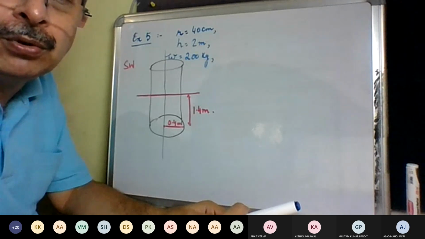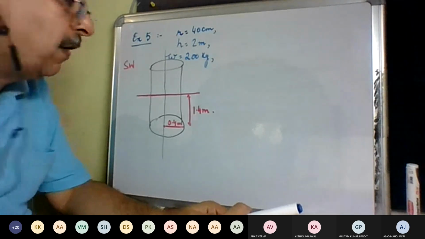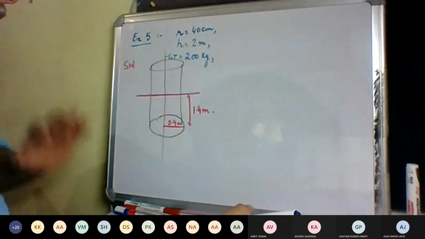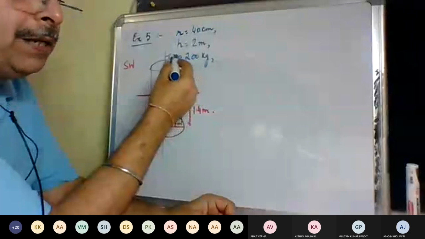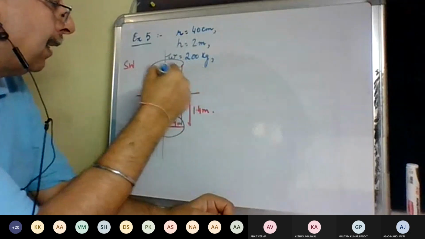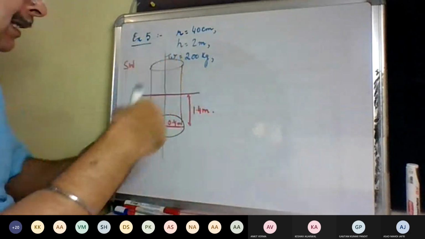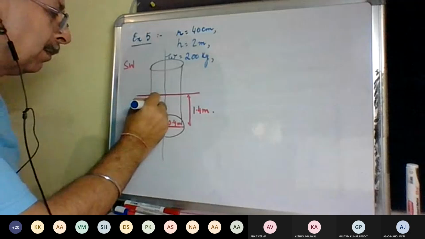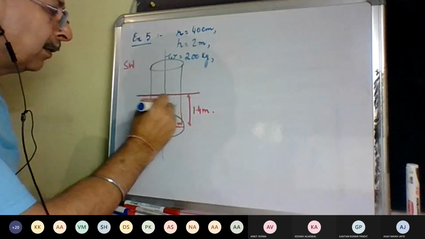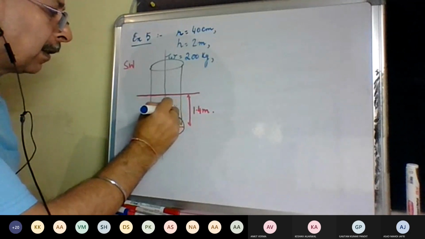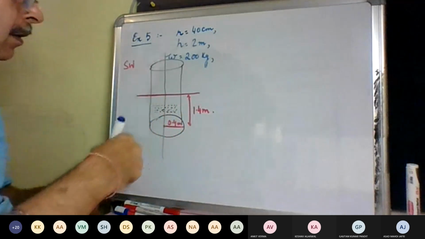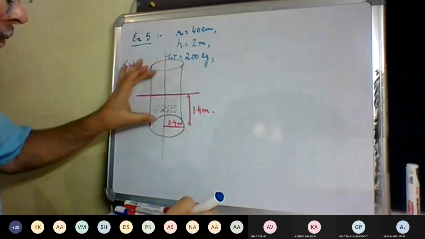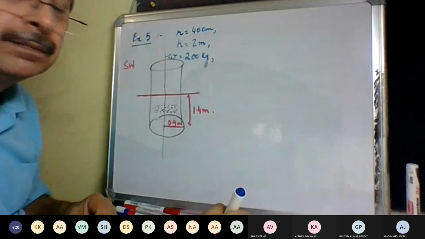So first, I need to find out the... Basically there is a cylinder, that is my light ship, and in it I put lead pellets, some cargo. So I put some lead pellets inside it. These are the lead pellets, which will now make this into a loaded ship.